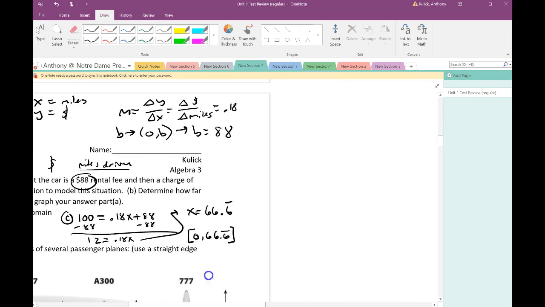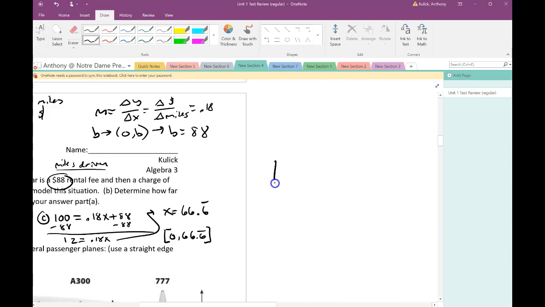Okay. So that's enough for me. So my x is going to be, say, 10, 20, 30, 40, 50, 60, 70. And my dollars are going to be, I don't know, like 10, 20, 30, 40, 50, 60, 70, 80, 90, 100.